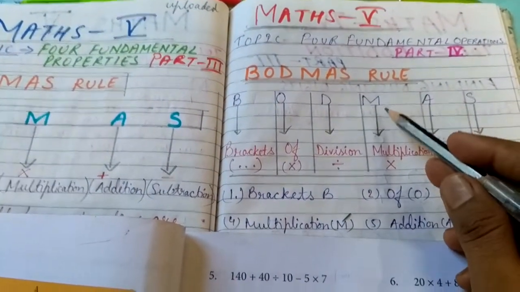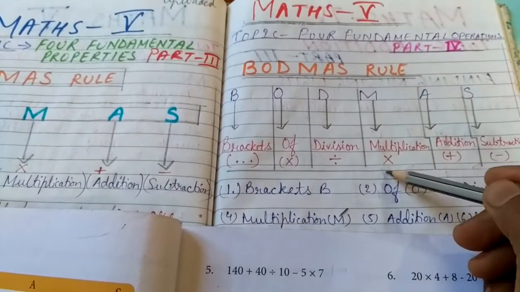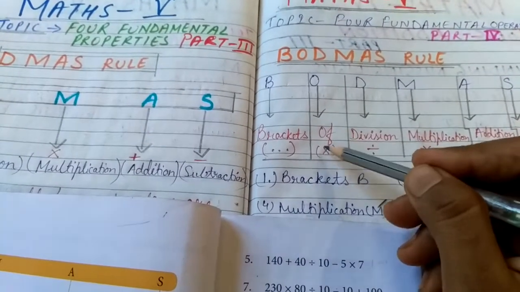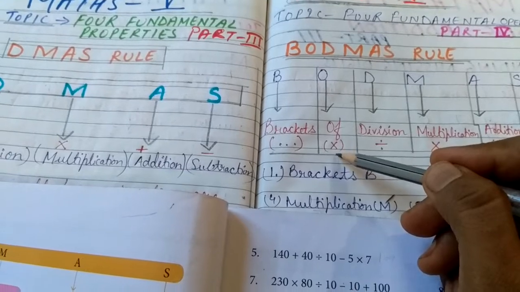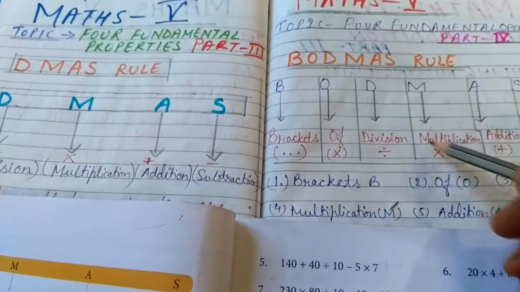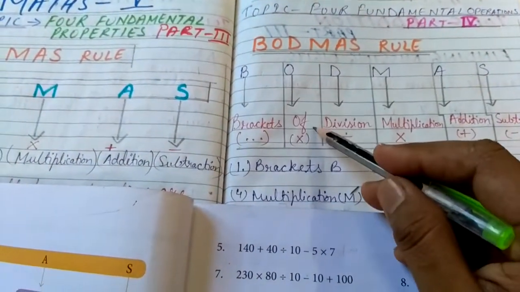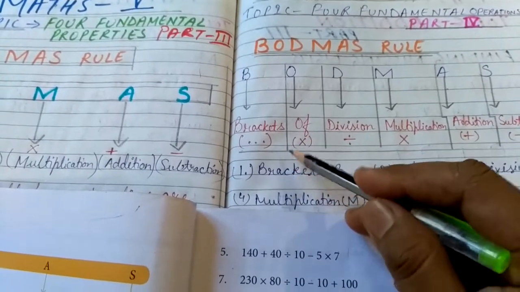Till now you knew that M is for multiplication, the cross or X sign. O is for OF, and it also stands for multiplication, for into, the cross sign. This and this are almost the same. So O for of is denoted by the cross.